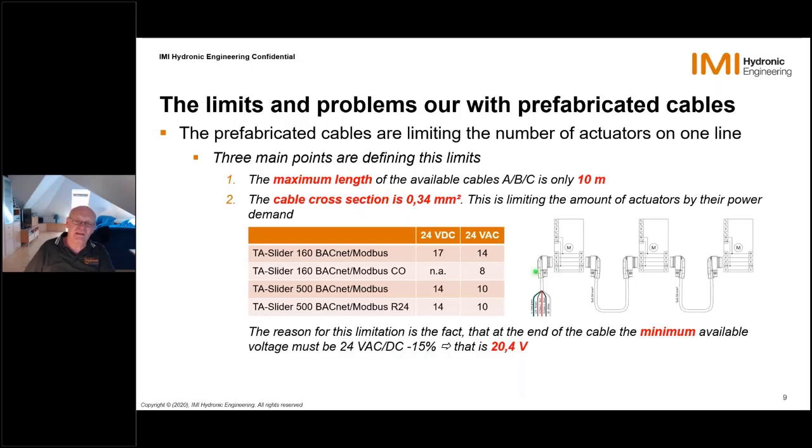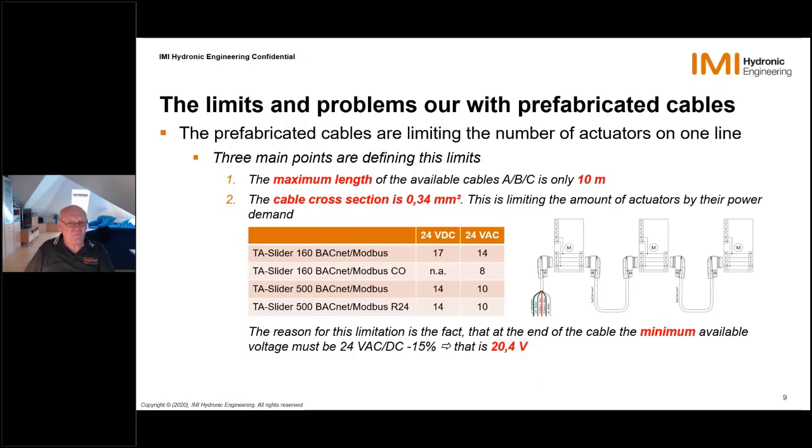So theoretically, you could start with 15% plus and end up with 15% minus. That would make it a little bit longer, but you should not do this because it depends on the load. So at least at this point, you must have 20.4 volts. That is 24 minus this 15%.